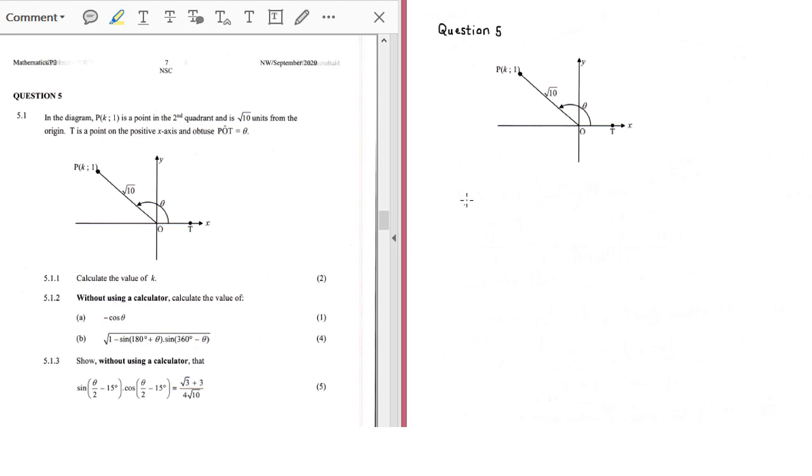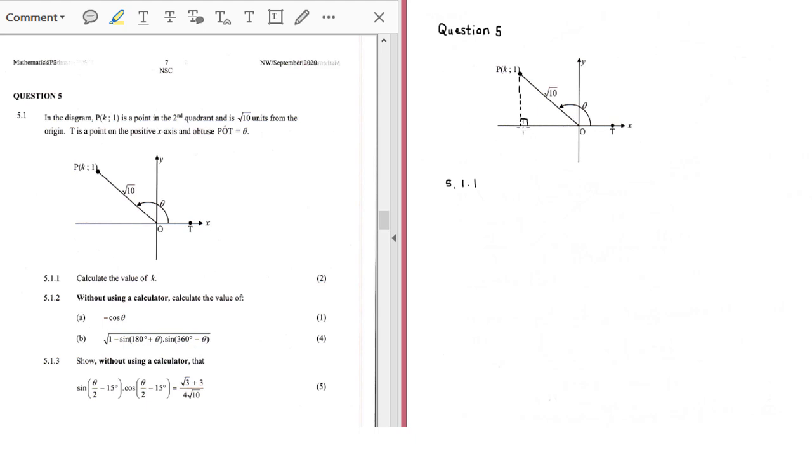Alright, so question 5.1.1 says calculate the value of k. So the value of k is the x value at that point P. When you have these diagrams, it is always recommended that you drop down the perpendicular, so that you can see that what you're dealing with here is actually a right angle triangle.